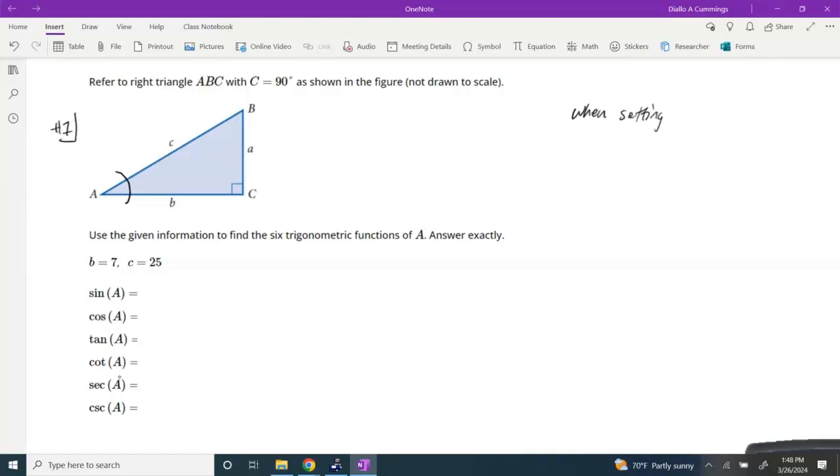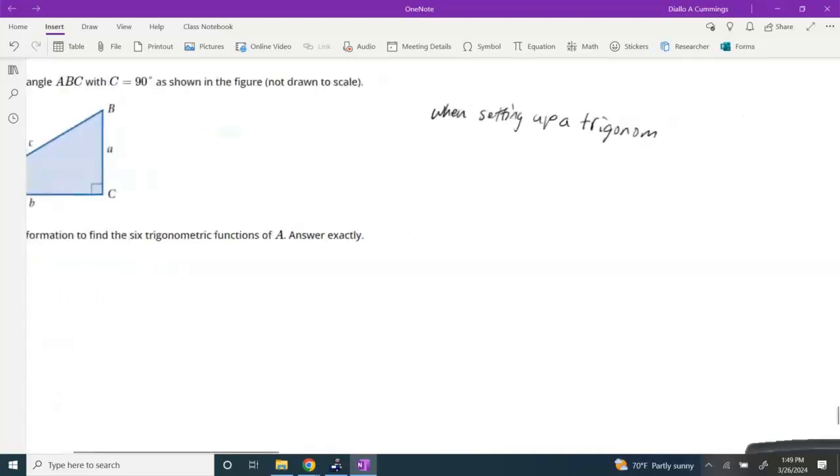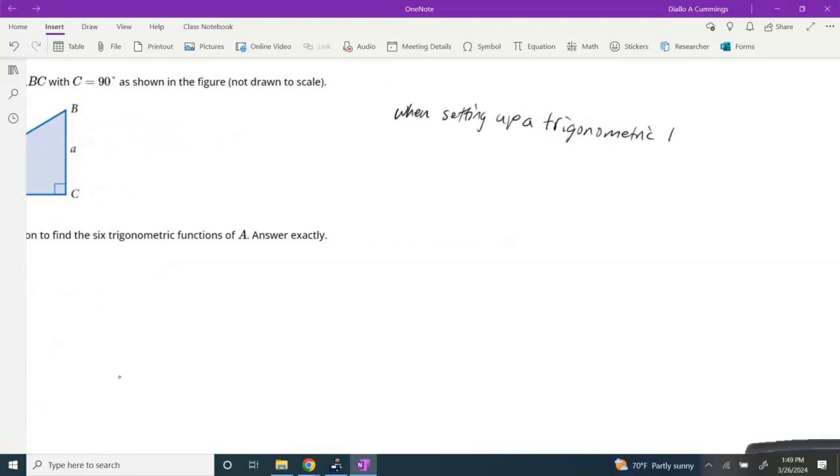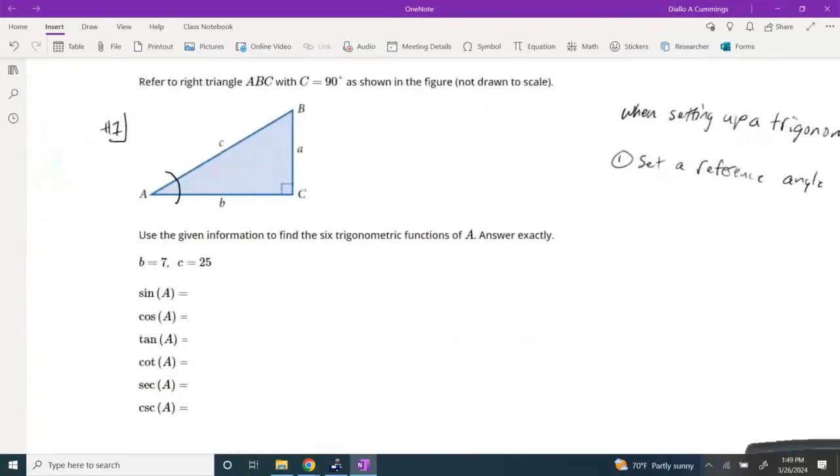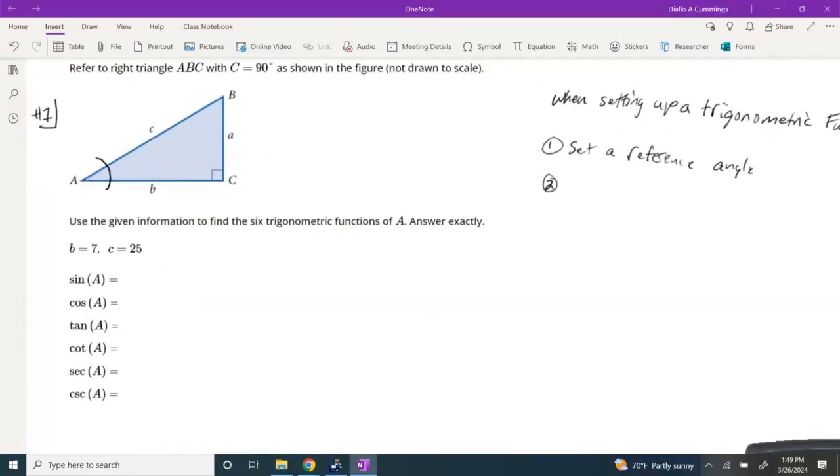When setting up a trigonometric function, the first thing you should do is set a reference angle, and we set a reference angle as A because in the problem we're asked to find the 6 trig functions for angle A. The second thing we need to do is label the sides of the triangle according to the reference angle.